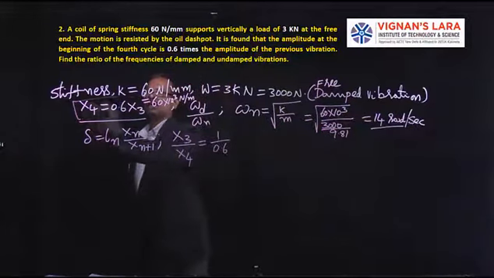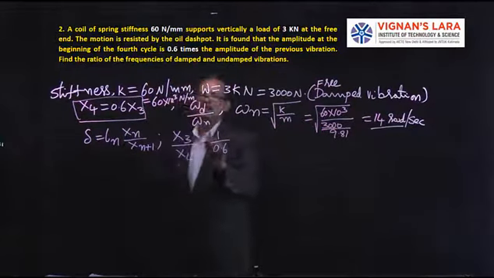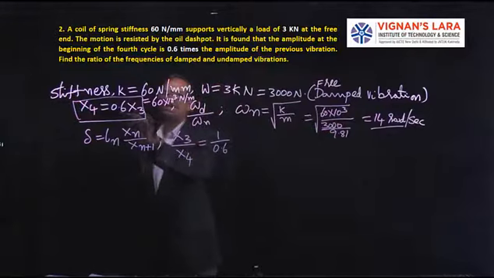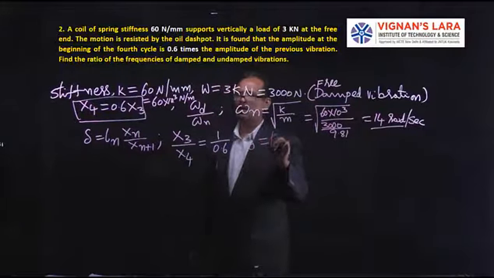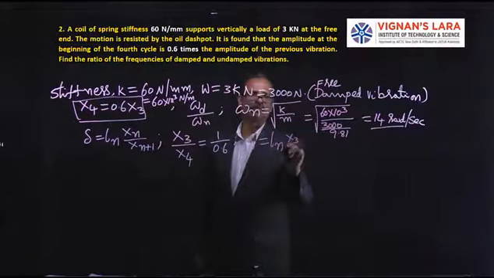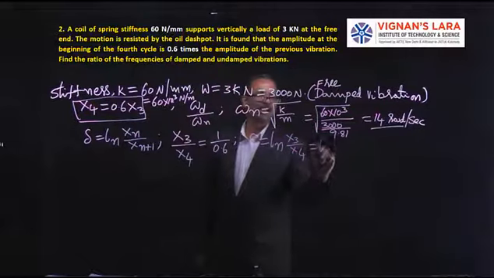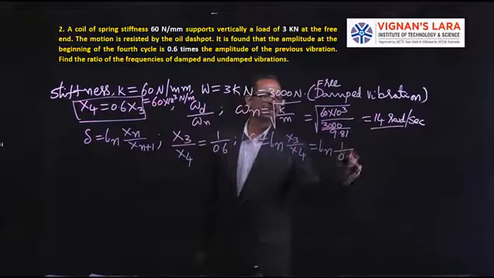From the given initial information, I have converted this into this form. Now you can see this is in the form of the required one. The third one is n, and the fourth one is n plus 1. So x3 by x4 is the same as xn by xn plus 1. With that, delta can be written as log of x3 by x4, which is log of 1 by 0.6.